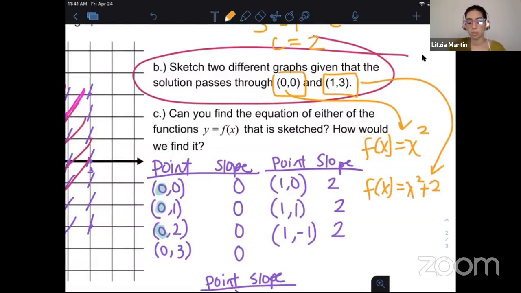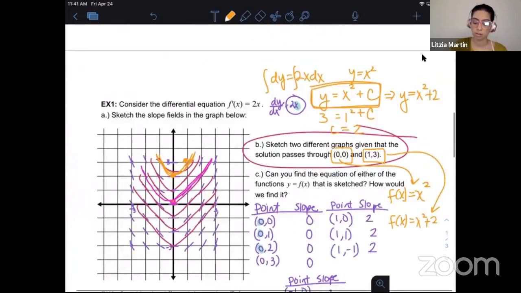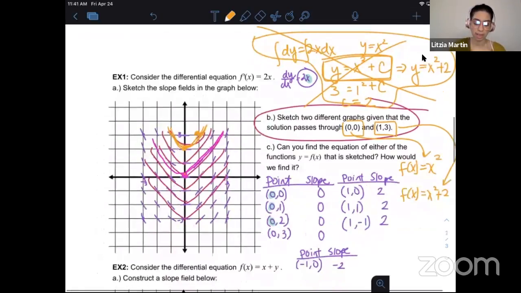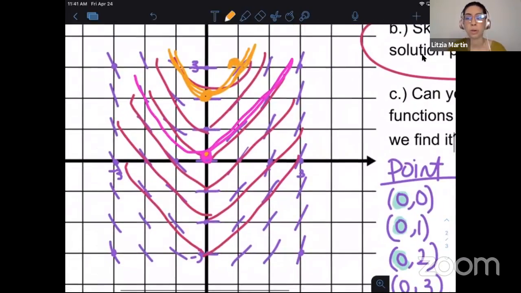We did that using integration, right? But now we're seeing that's not necessarily the only way. We use the slope field, we can determine those equations as well, just by looking at it, knowing your parent functions, and then going from there.